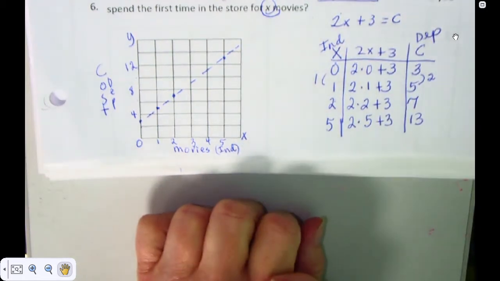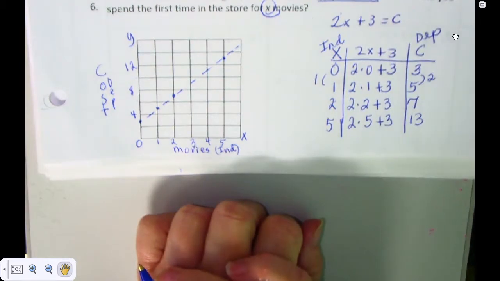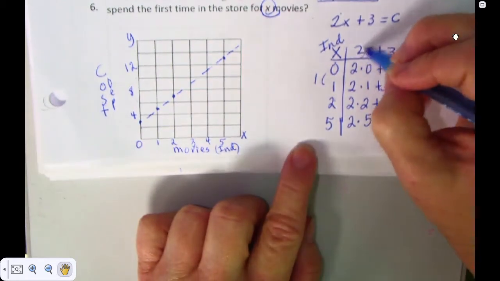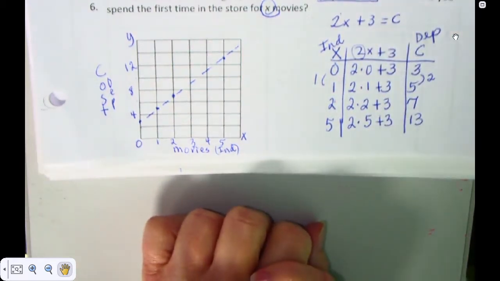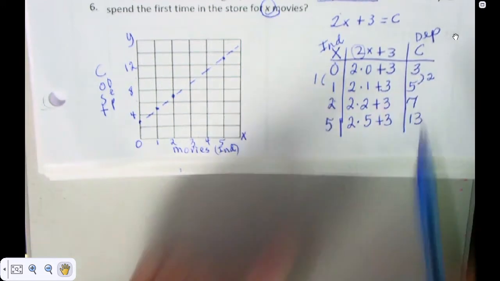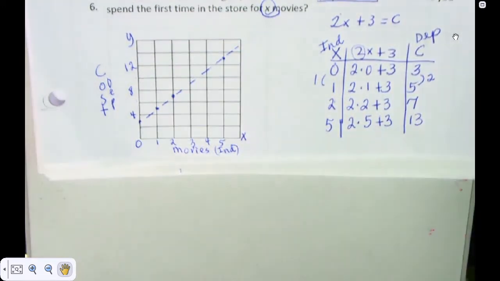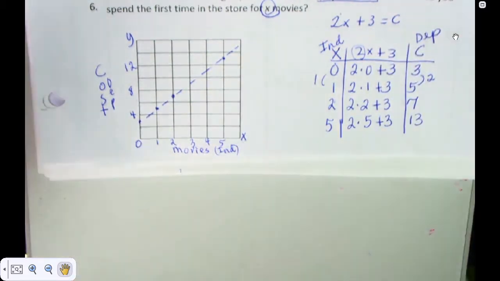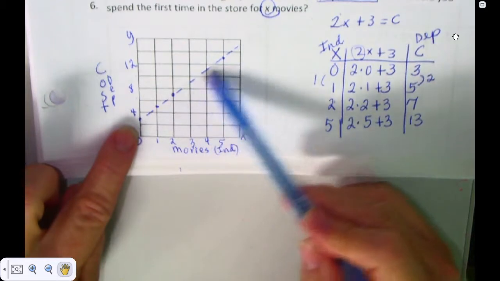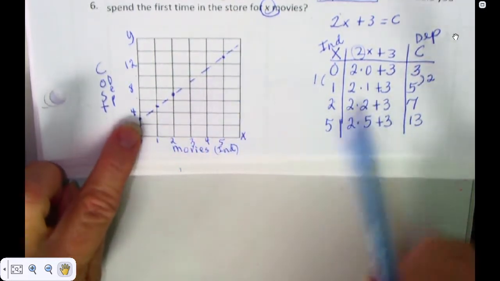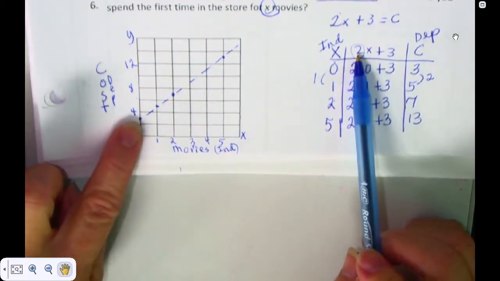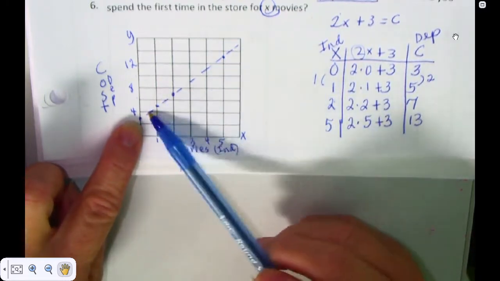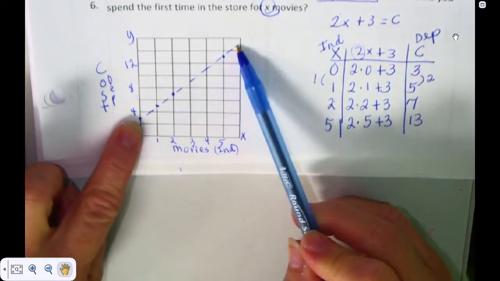What's 2 divided by 1? 2. Where do you see 2 in the equation? Right there. It goes up 2 every time because what? Yes, it's 2x, but it's $2 for every movie. Okay, this is linear. This makes a straight line because there is a constant rate of change. It's going up 2 every time, so that's why it's linear.